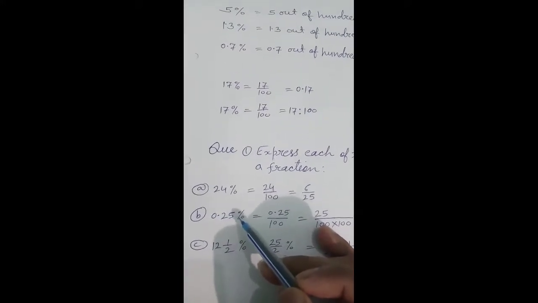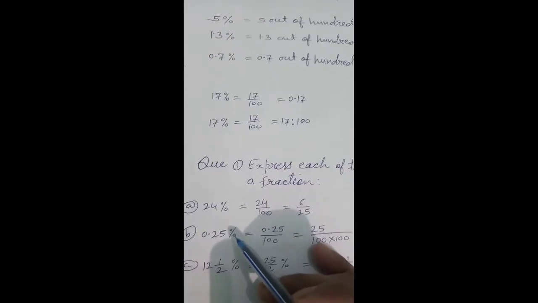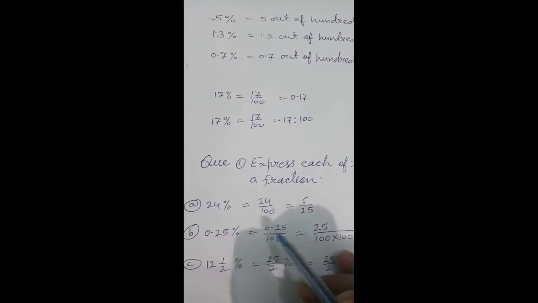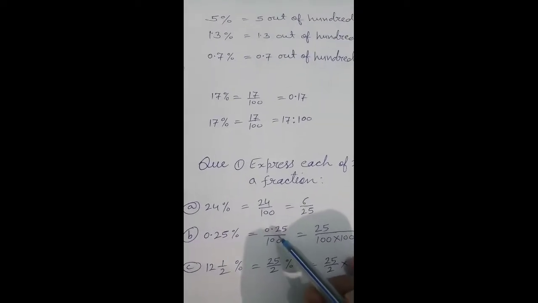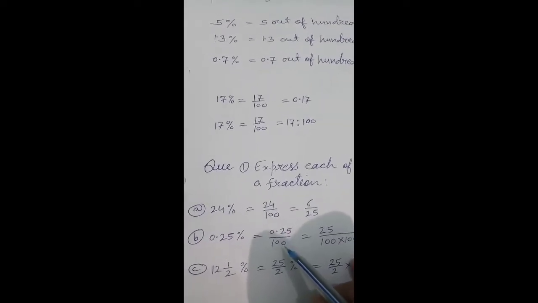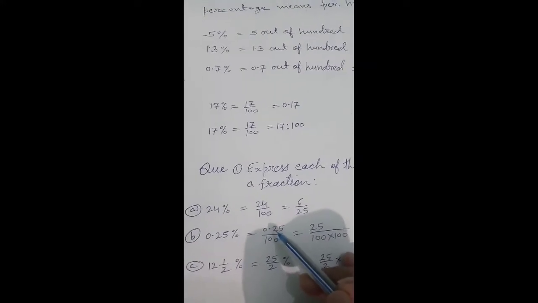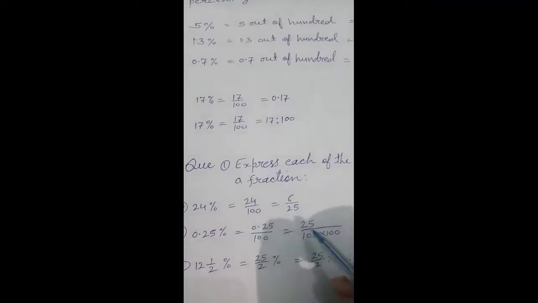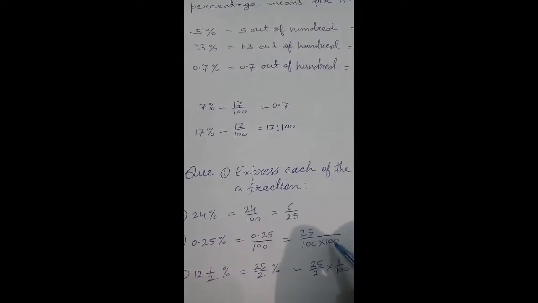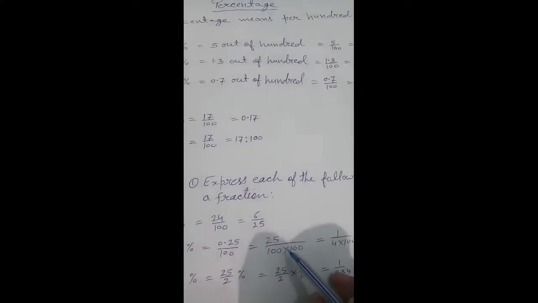Now see, 0.25%, and we have to convert it into a fraction. So children, when the percentage sign is removed, in the denominator we put 100. So it will become 0.25 upon 100. Now in the numerator there is a decimal, and after the decimal there are 2 digits. So when the decimal is removed, in the denominator we will multiply by 100, so it will become 25 upon 100 into 100.